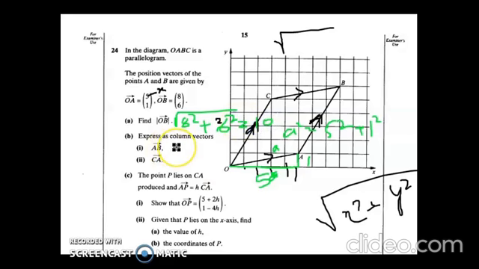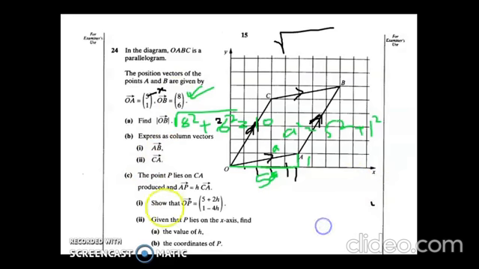Express as column vectors. I just told you how the column vectors are expressed. Alright, AB. If I want to express vector AB, I'll do it over here. How will I find AB?